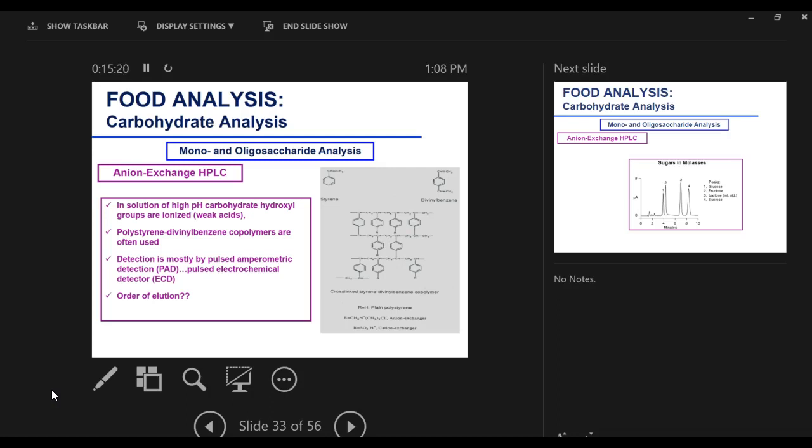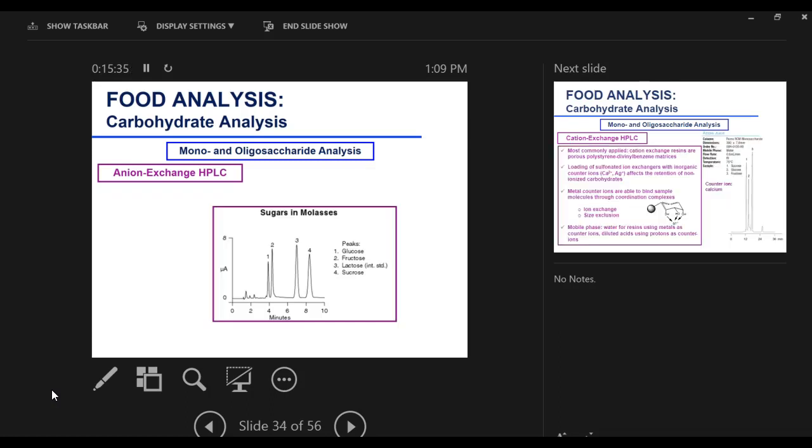Sucrose, because you have more OH groups. So the potential of ionization is more. So when the potential of ionization is more, that means it will interact more with the column. So these are examples of sugars in molasses: glucose, fructose, and sucrose. And then here, lactose is an internal standard because you don't have lactose in molasses. So that would be the order of elution.